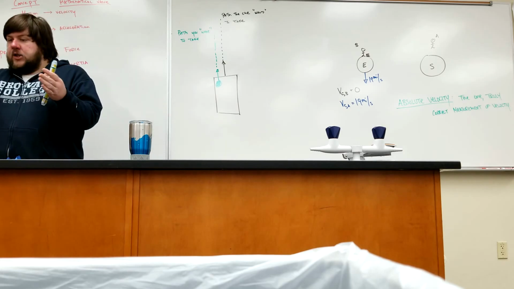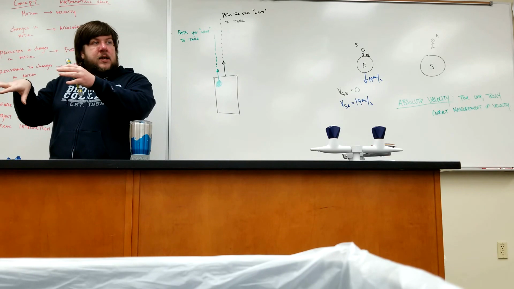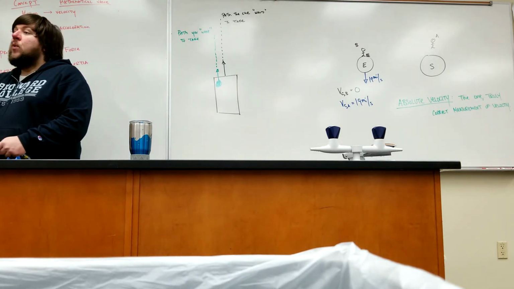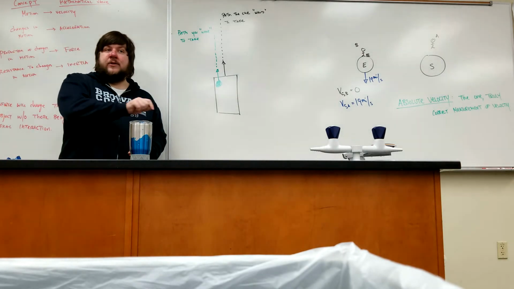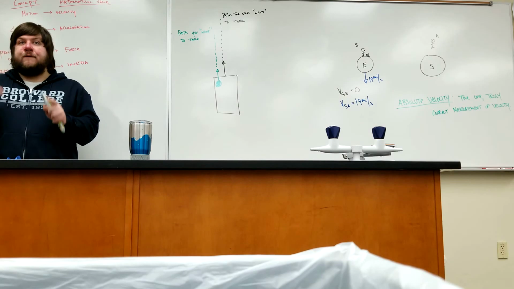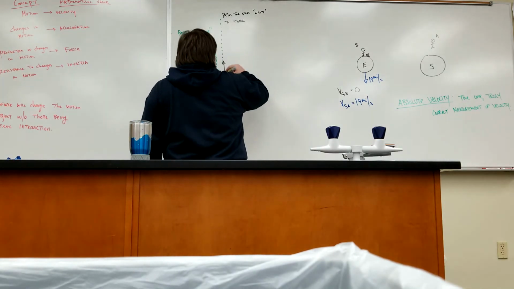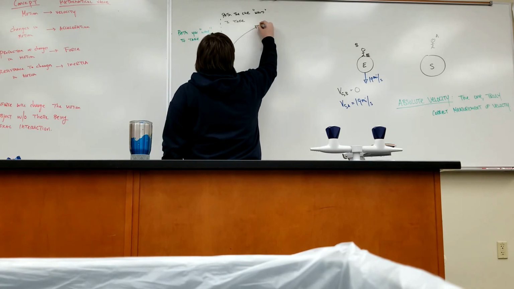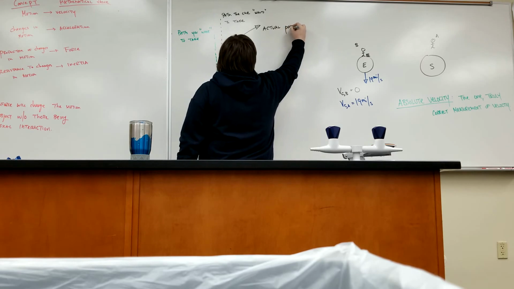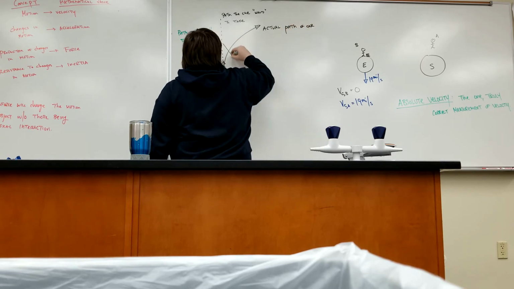When the tires turn, the road will put a force on the tires, and that will change the direction of the car. But you are not physically attached to those tires, so that force does not act on you. That force acts on the car. So the car is going to turn. This is the actual path of the car. Okay?